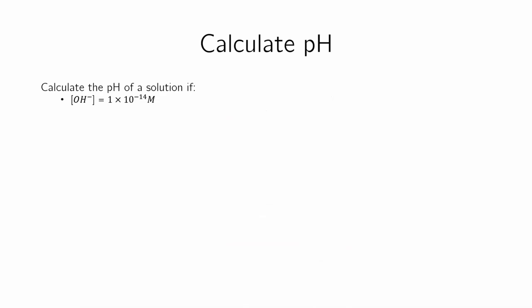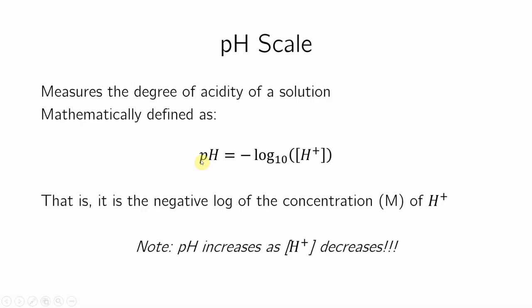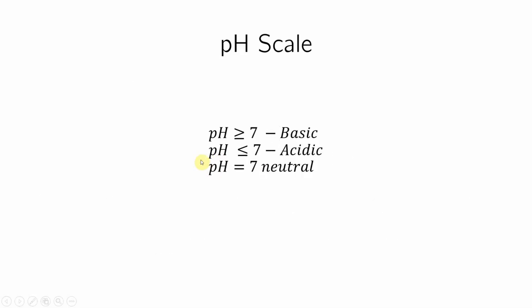How do you calculate pH? Well, if I know the concentration of hydroxide, can I calculate the pH? I will remind you that OH times H is 1 times 10 to the minus 14. We showed that as the autoionization constant before right here. So that's always going to be true.